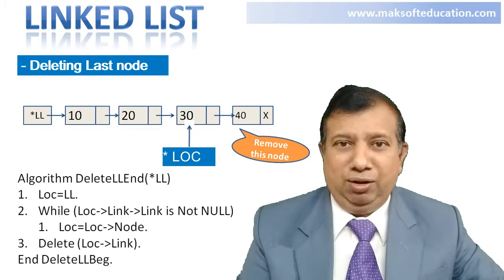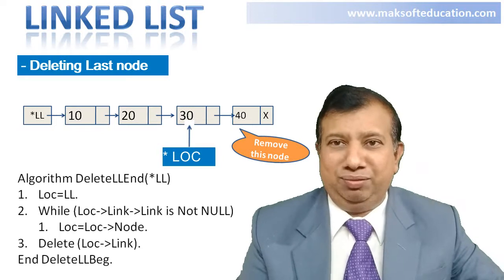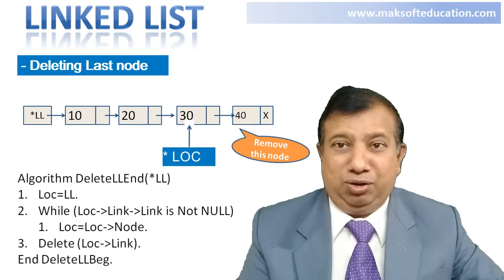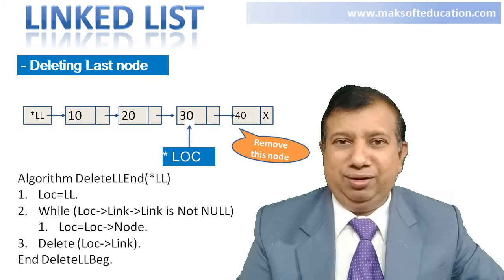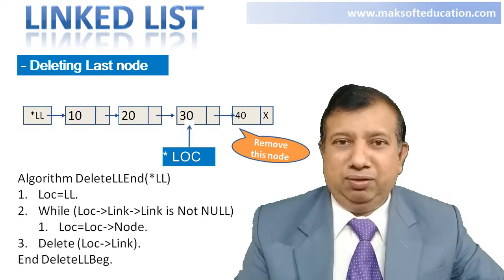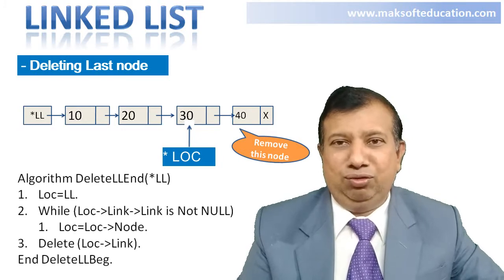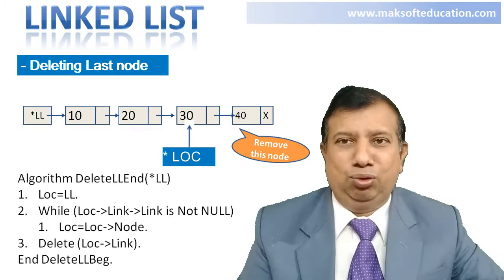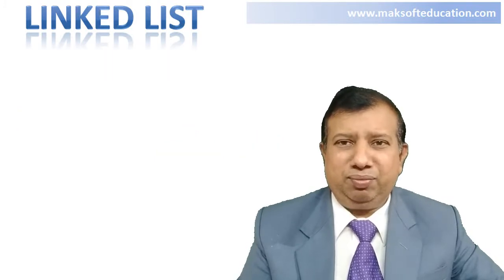Until it becomes null, move the LOC to the next node. So at the end of the while loop, you will reach the last but one node. Once you get it, delete LOC's link, and then as the last step, set null value to LOC's link. So this is a simple algorithm for deleting the last node from linked list.